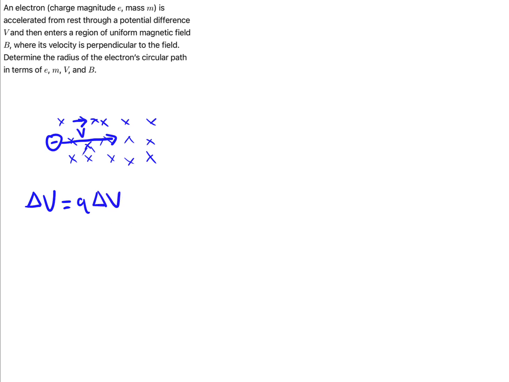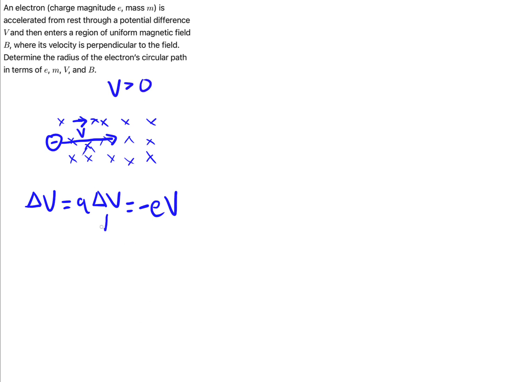Here we are given that the magnitude of the potential difference is V, and the charge of an electron is negative e. Electrons have negative charge, so the change in potential energy is negative eV, where V is greater than 0.